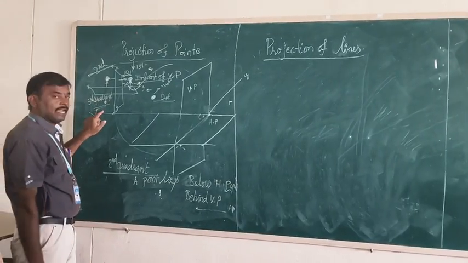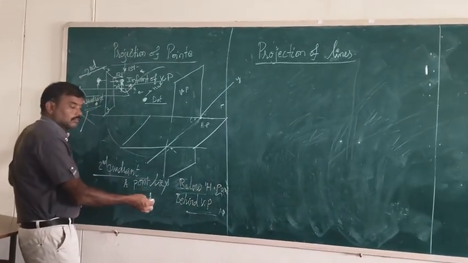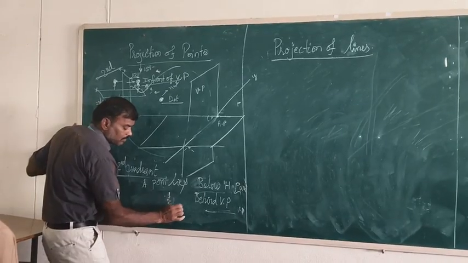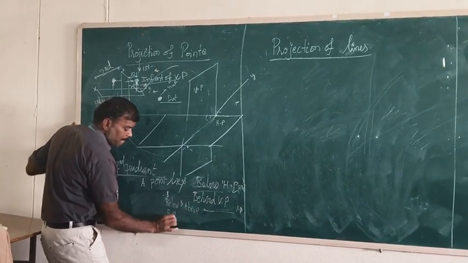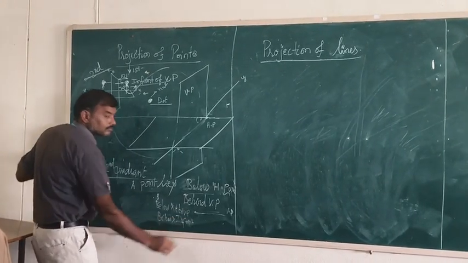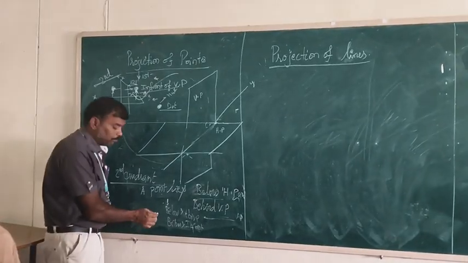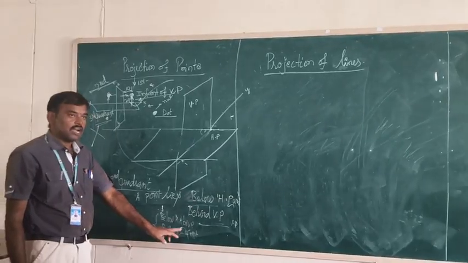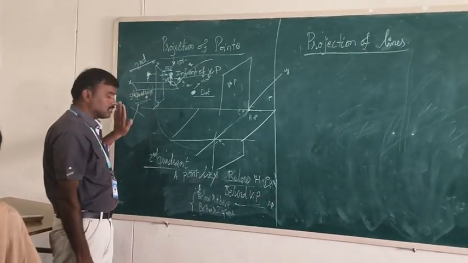Clear? Here one thing is clear: the opposite words of below and behind. The opposite of below is above, and the opposite of behind is in front. Are you clear or not? Yes, sir. Now we have the condition below and behind, but front is above and in front. So this third quadrant is also closed.